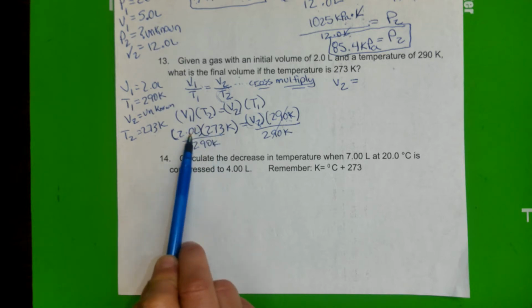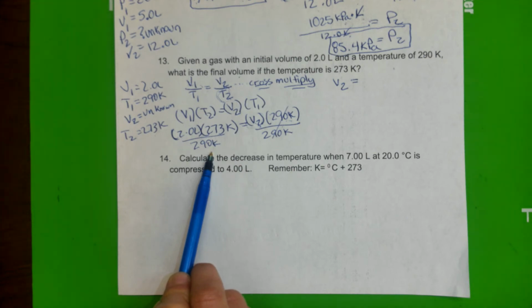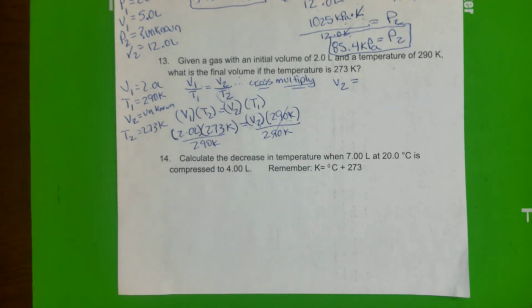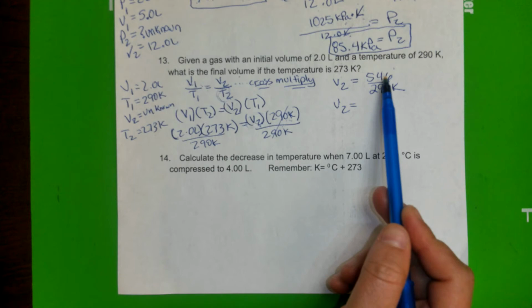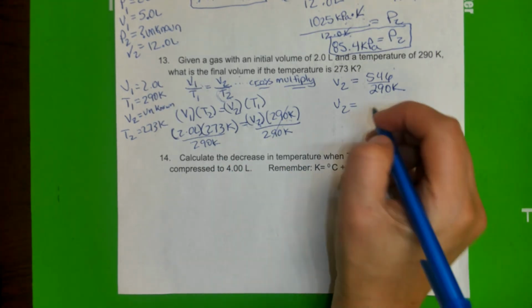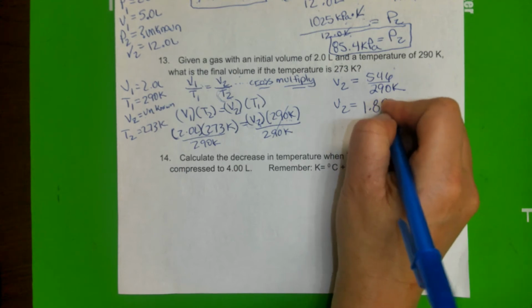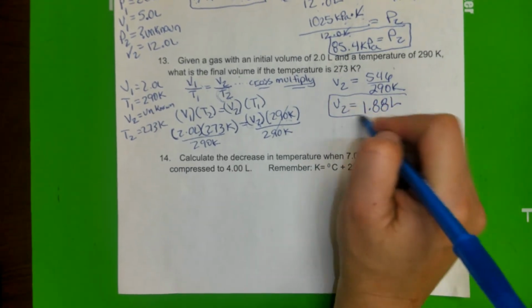So it would be 3.0 times 273 and then divided by 290 K. So in here it should be equal to, okay, now I multiply these two. I got 546, and then 290 is on the bottom, and that should equal 1.88. And that's liters because it's volume.